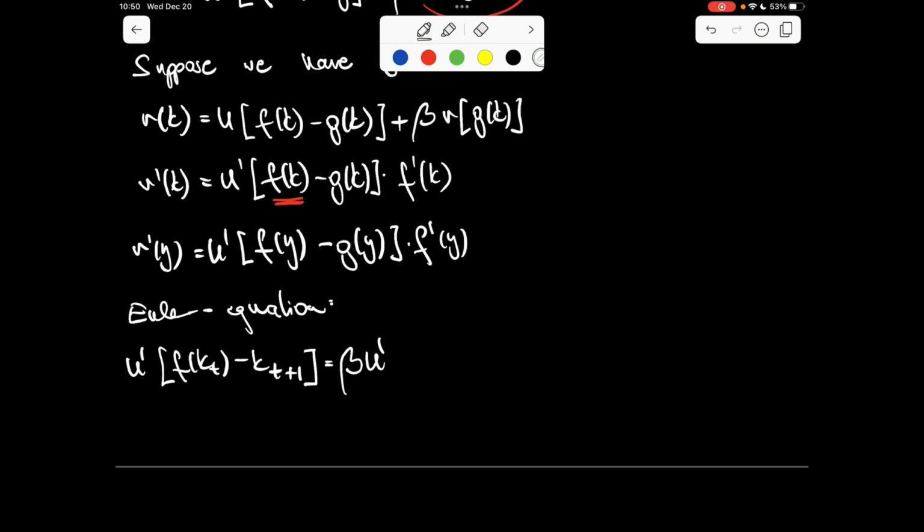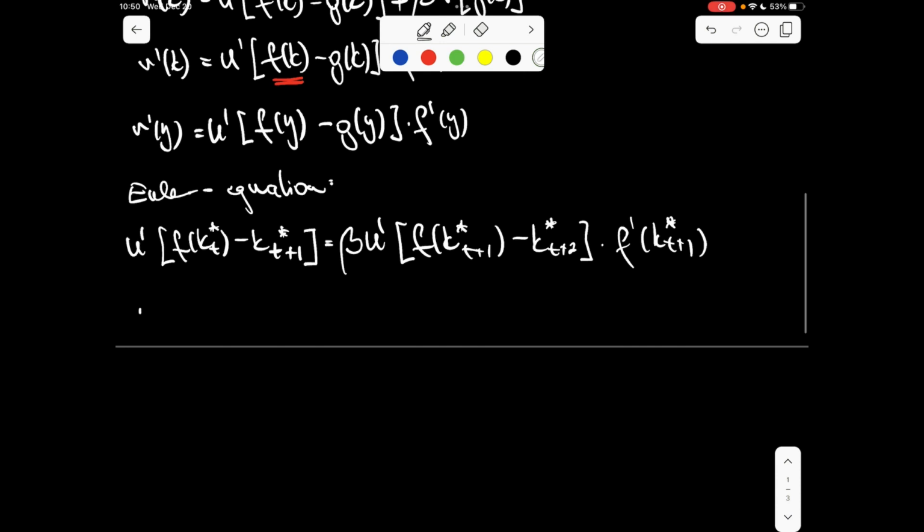So this is the Euler equation, which is supposed to be 0 along the optimum path for the endogenous state.